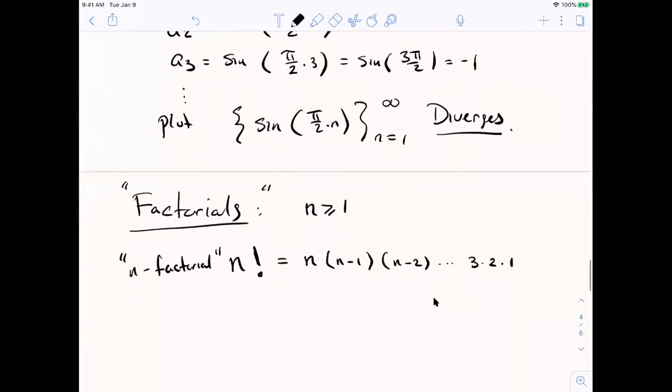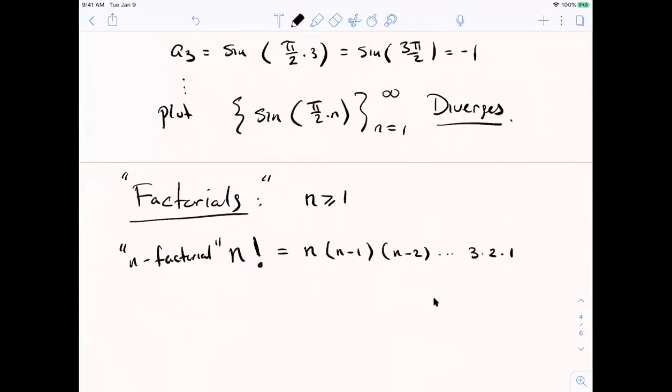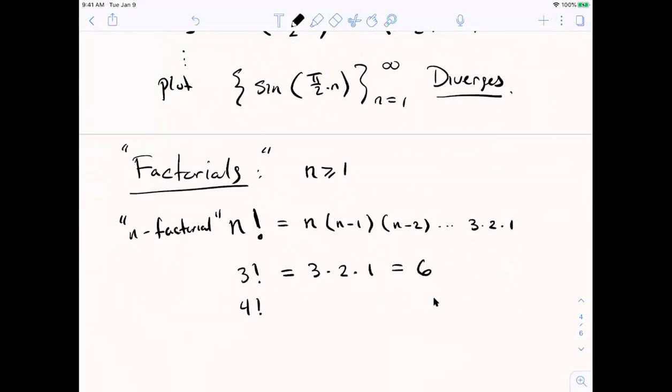Okay, so let's practice it a little bit here. Something like 3 factorial would be 3 times 2 times 1, or 6. 4 factorial is 4 times 3 times 2 times 1. That's 24. Maybe you've noticed that 4 factorial is 4 times 3 factorial.